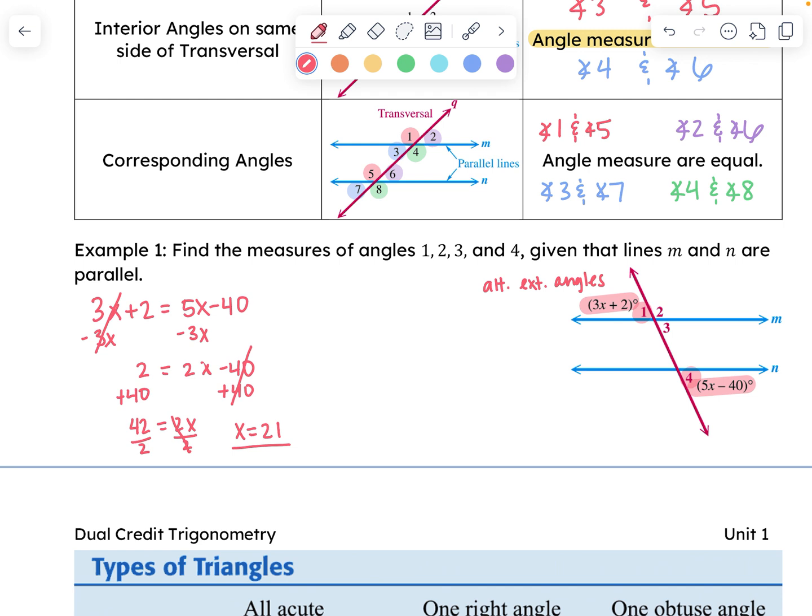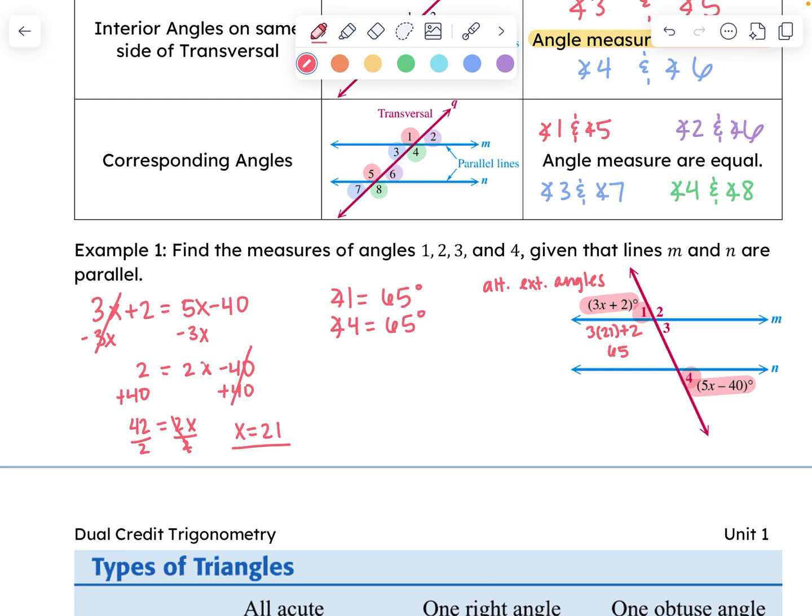Because if I don't get that they're the same thing, then that means I did something wrong. So let's plug it into 3x plus 2. If I do 3 times 21 plus 2, 3 times 21 is 63 plus 2 gives me 65. So I can say that angle 1 and angle 4 are both equal to 65 degrees.